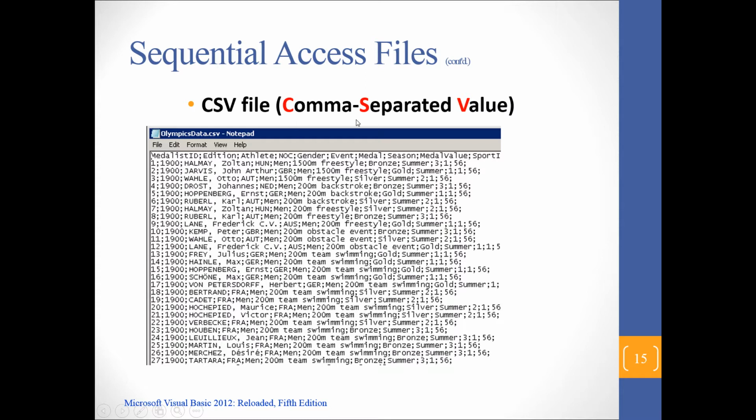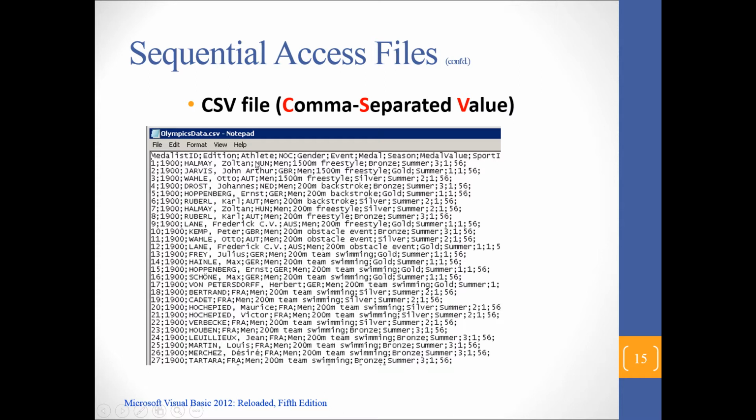Even though they call it comma separated value, you can really use any special character. So in this case, you separate each field by a semicolon. The first field here is the medal list ID, the name of that field, so 1, 2, 3, 4, 5. This field is the ID, and then the second is the edition. So this would be the 1900 edition, maybe.